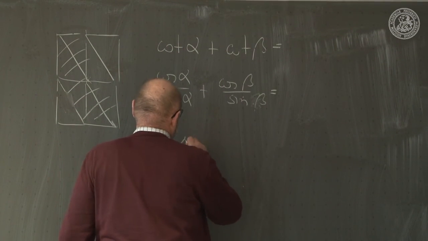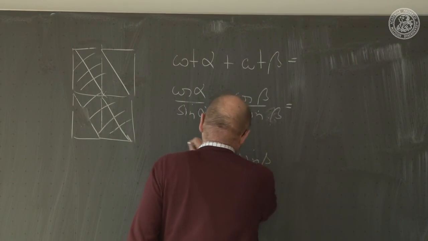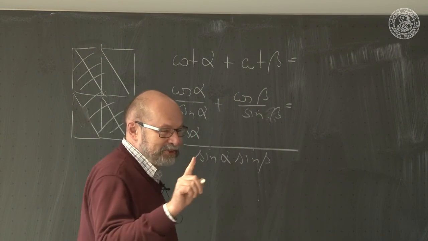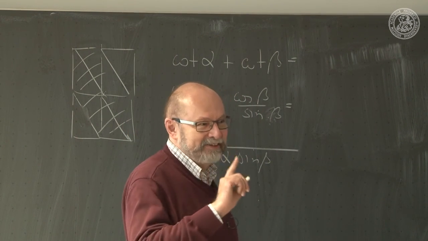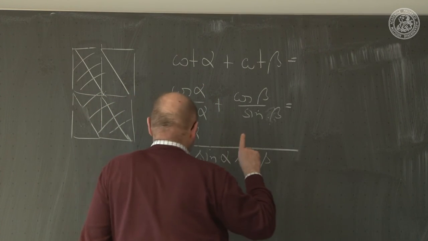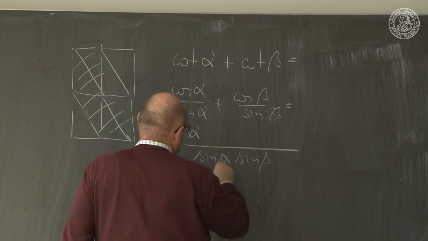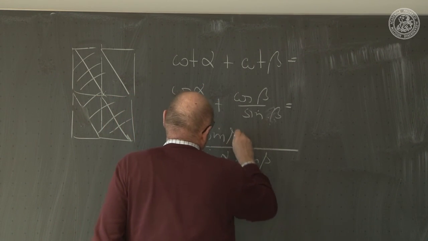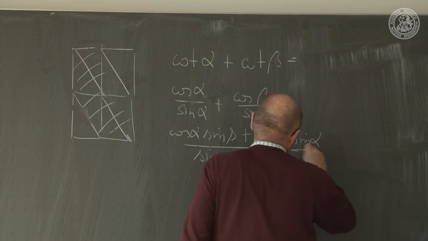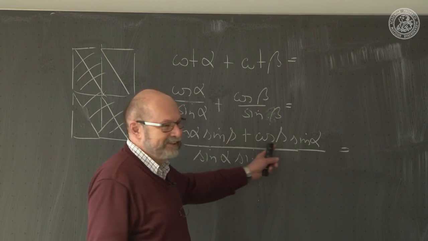Bringing it to a common denominator sine alpha sine beta, we have cosine alpha sine beta plus cosine beta sine alpha. It is so obvious. So, what is this here?